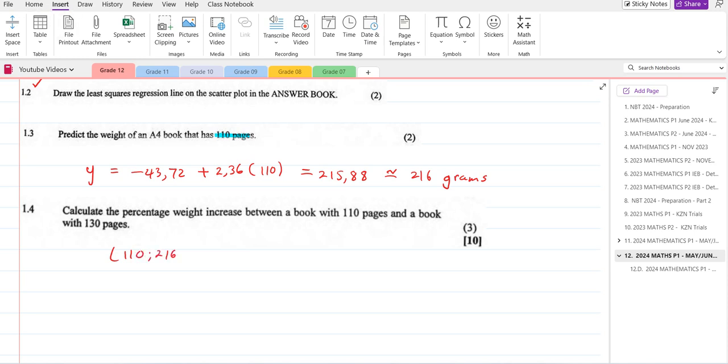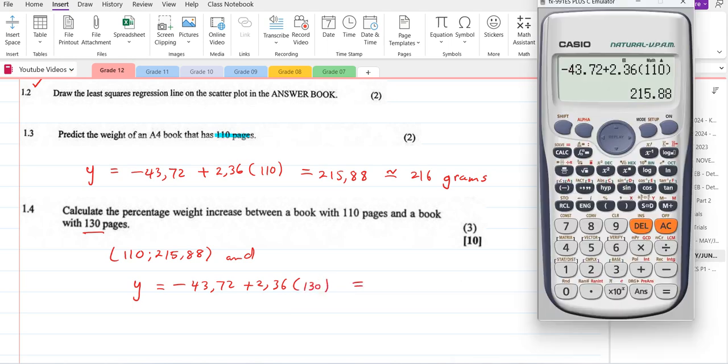Let's use the actual values. 215,88 and 130, y is equal to negative 43,72 plus 2,36 into 130. That's giving me, if I substitute 130, what is that giving me? Right, so delete, put 130. That's giving me 263,08.